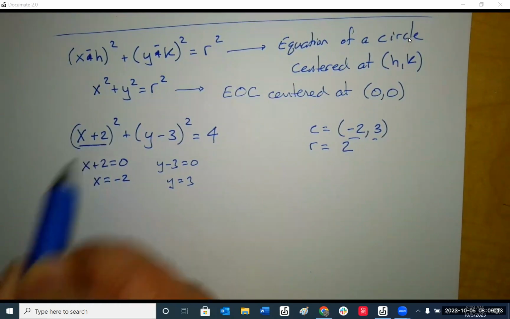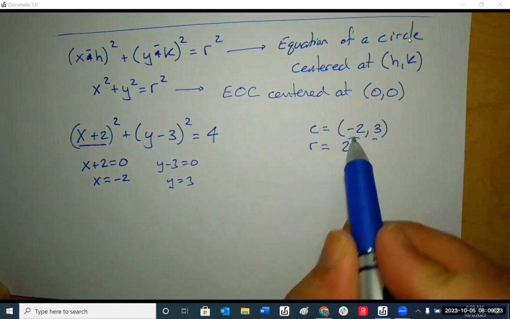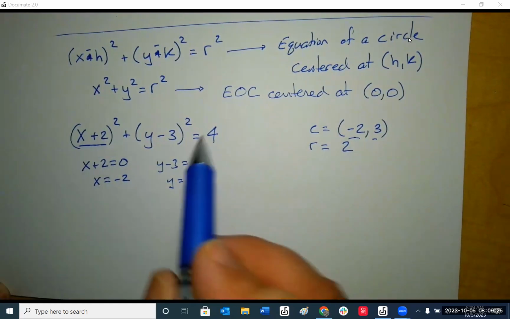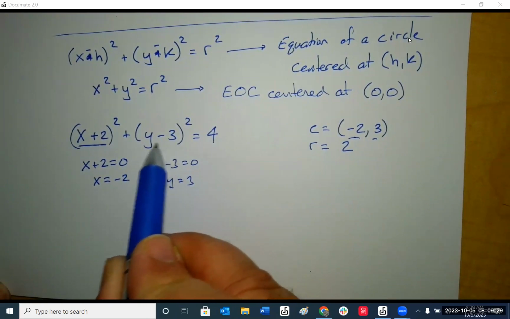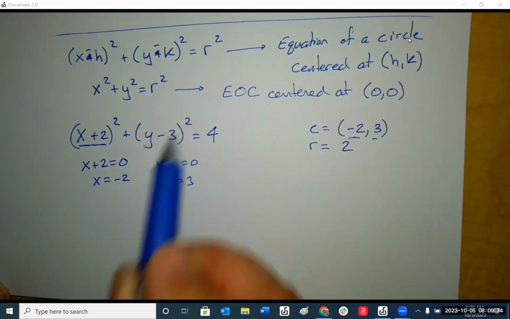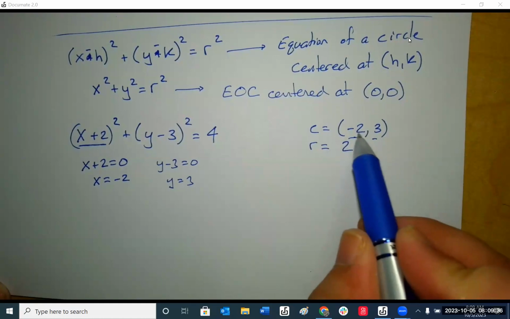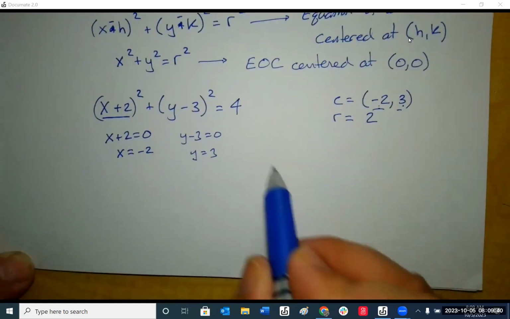Which direction does this one move? How many spaces? Right. It moves left 2 spaces because it's plus 2. And this one moves. Nope. It's the y values. Up 3 spaces. Again, it's the opposite. It moves left 2 spaces, up 3 spaces. That's what that just did.